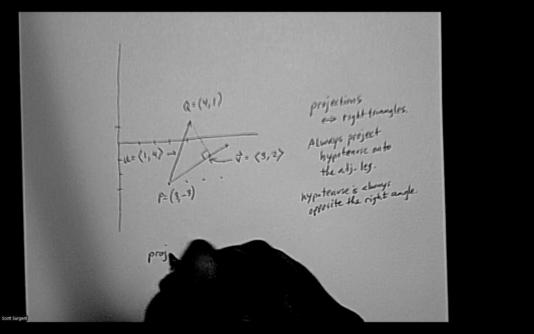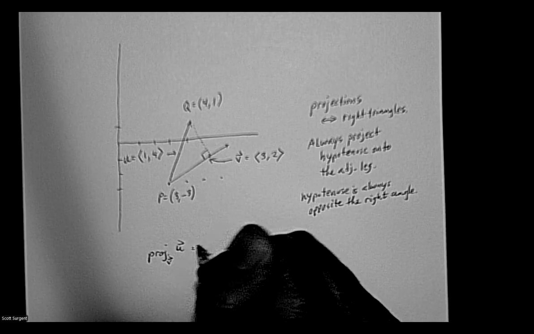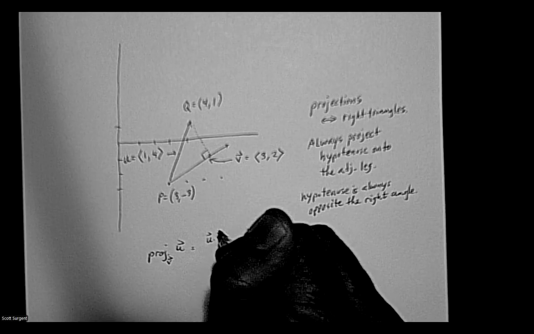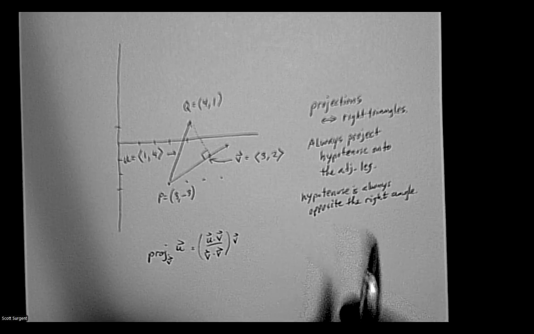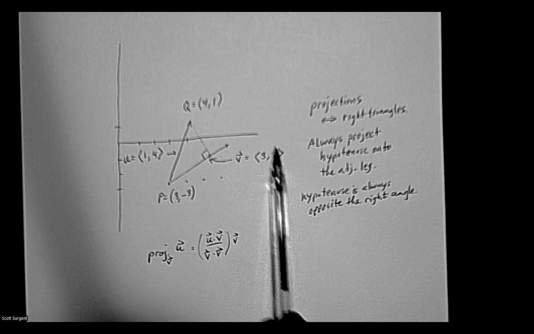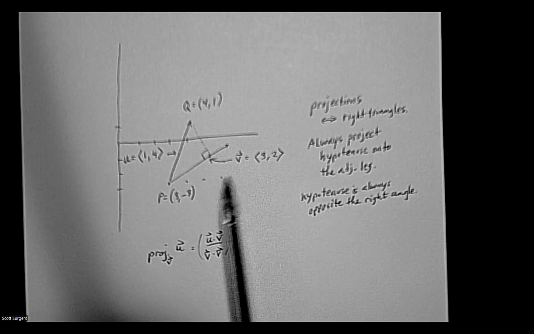So we're projecting u onto v. It's u dot v in the numerator, v dot v in the denominator, and all that times v. So v is going to be lengthened or shortened. All the action's happening on v.